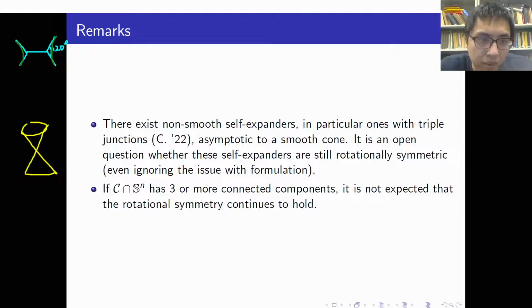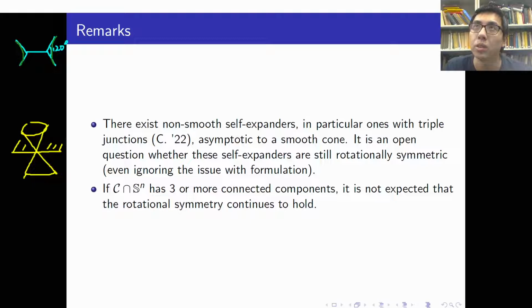I cannot draw it very well, but you take a union with a hyperplane, basically. Okay. So that would be a rotationally symmetric triple cone, and another natural question to ask is what happens if you have three or more connected components. It is not expected that the rotational symmetry continues to hold. In fact, you can probably find a self-expander asymptotic to this cone that is not rotationally symmetric.